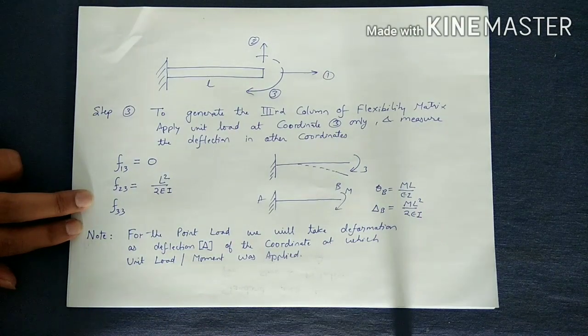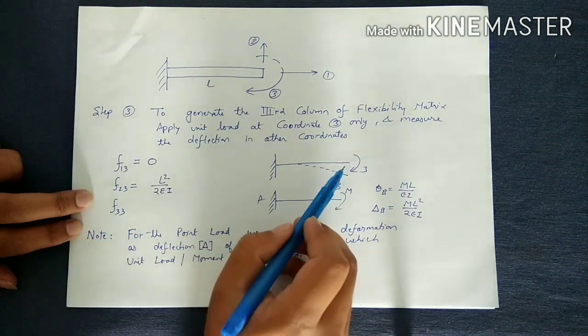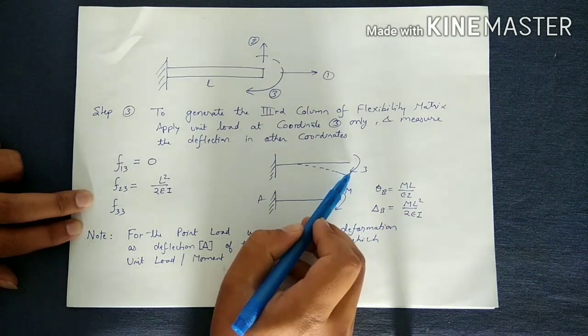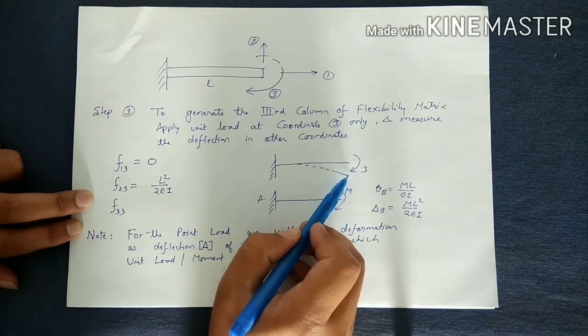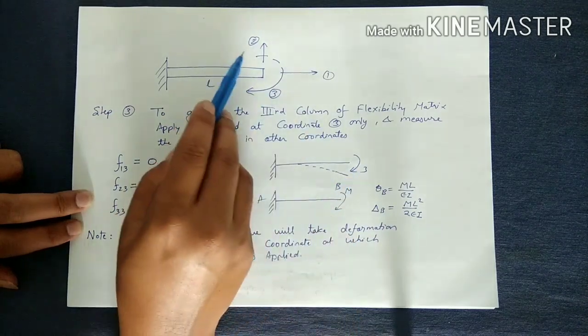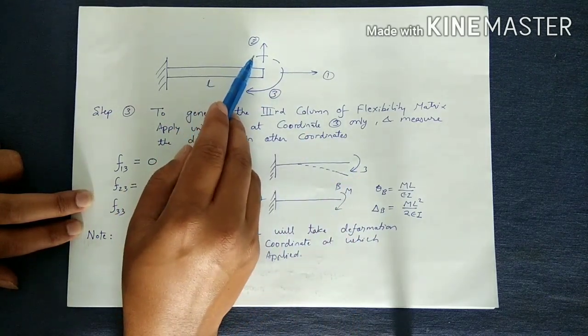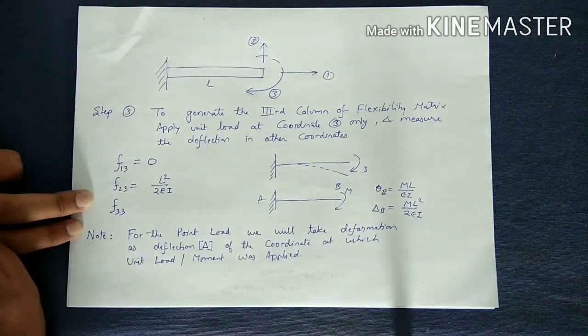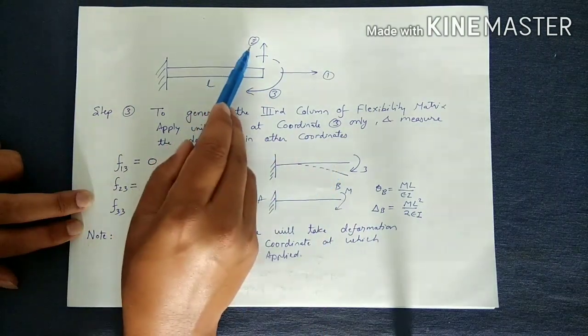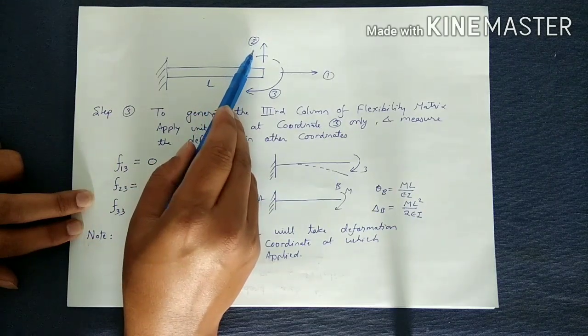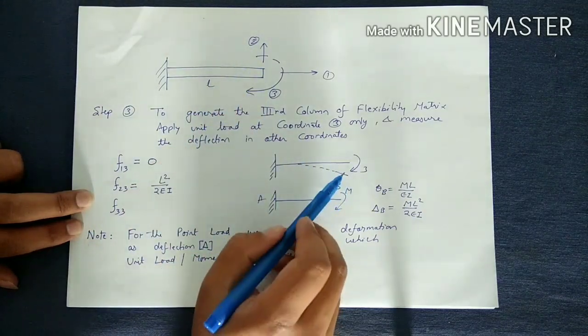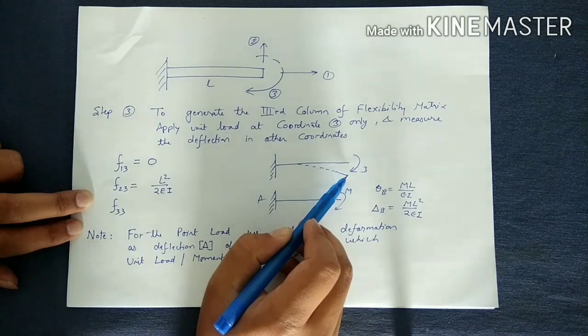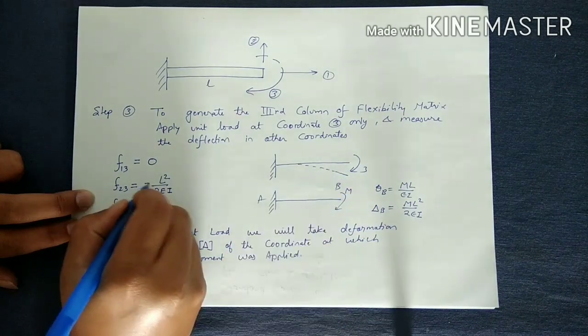Now we have to check the sign. As coordinate 3 will deform the beam in the downward direction, but coordinate 2 will deflect the beam in the upward direction. Therefore, coordinate 2 is deflecting the beam opposite to the deflection caused by coordinate 3. Therefore, it will be a minus sign.